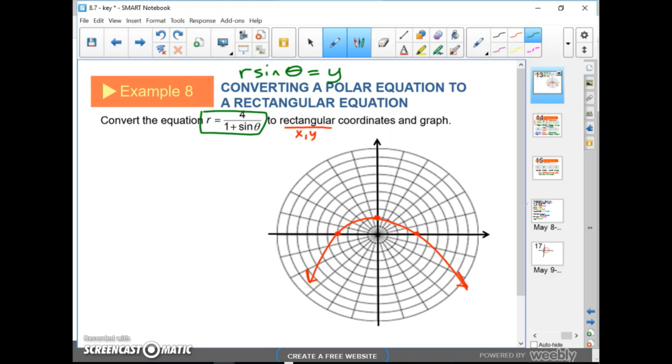If we look at this as a proportion and cross multiply, we're going to end up getting an r sine theta. So if we cross multiplied, you'd have r times 1 plus sine theta equals 1 times 4. Distributive property, I'd have r plus r sine theta equals 4.